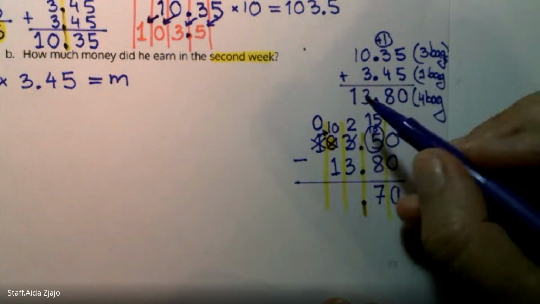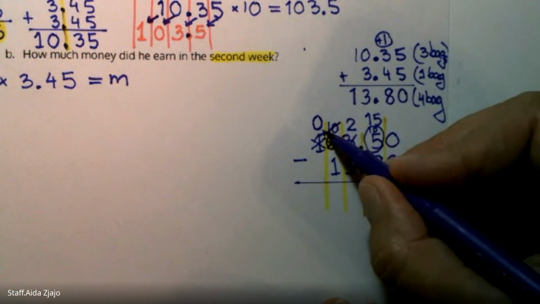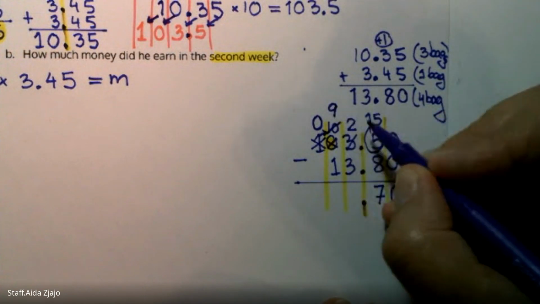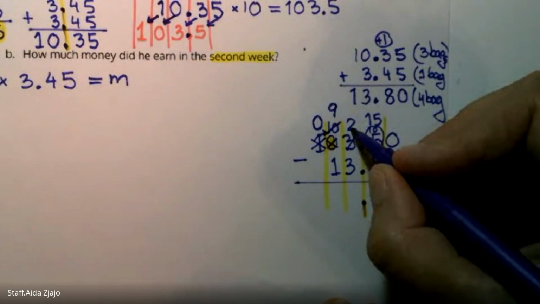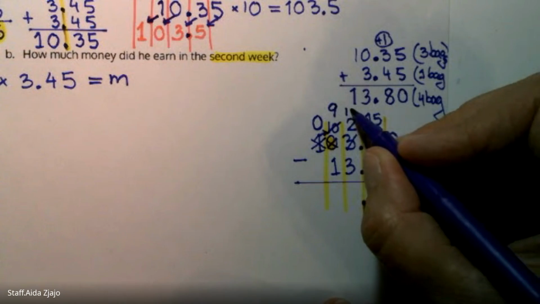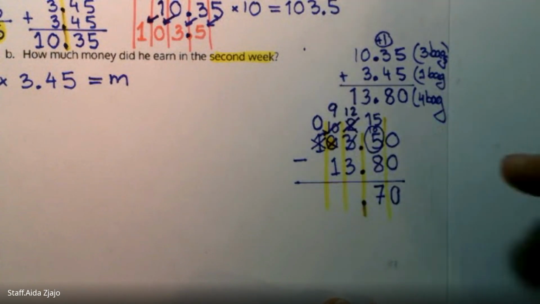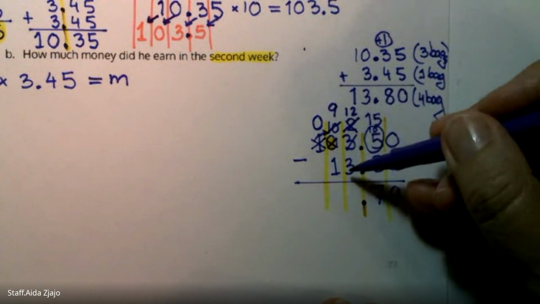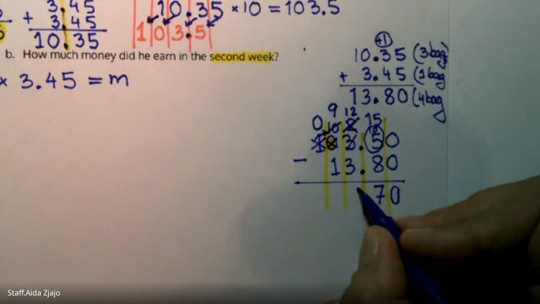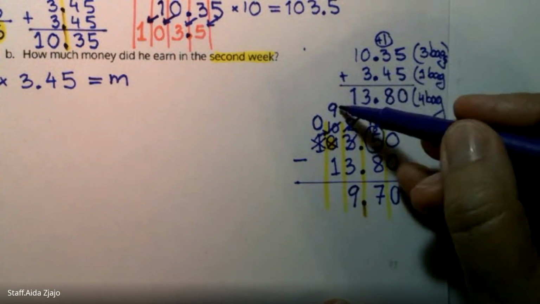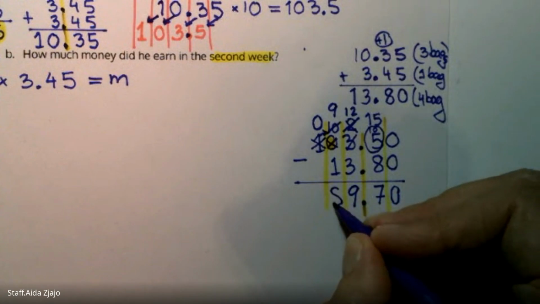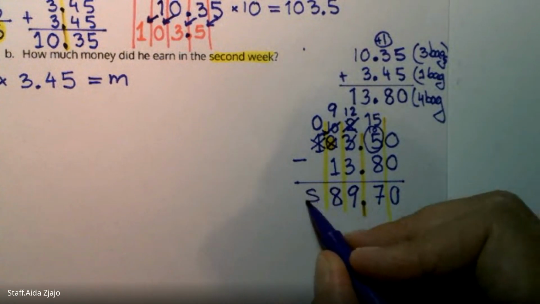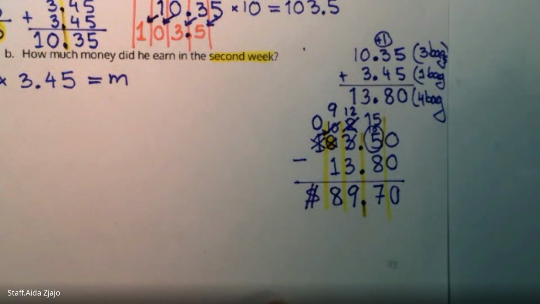But then I'm also going to borrow 1 ten to make 10 more here. 2 plus 10 is 12. So I will have 12 ones. 12 minus 3 equals 9, and 9 minus 1 equals 8. So if I am not wrong, he earned $89.70 in the second week.